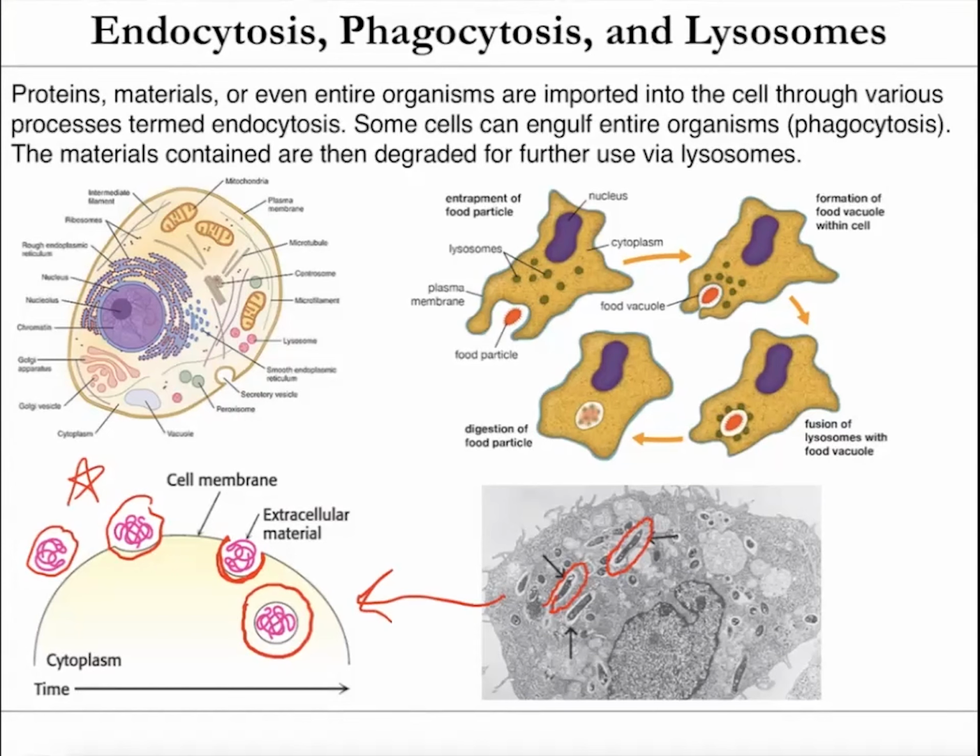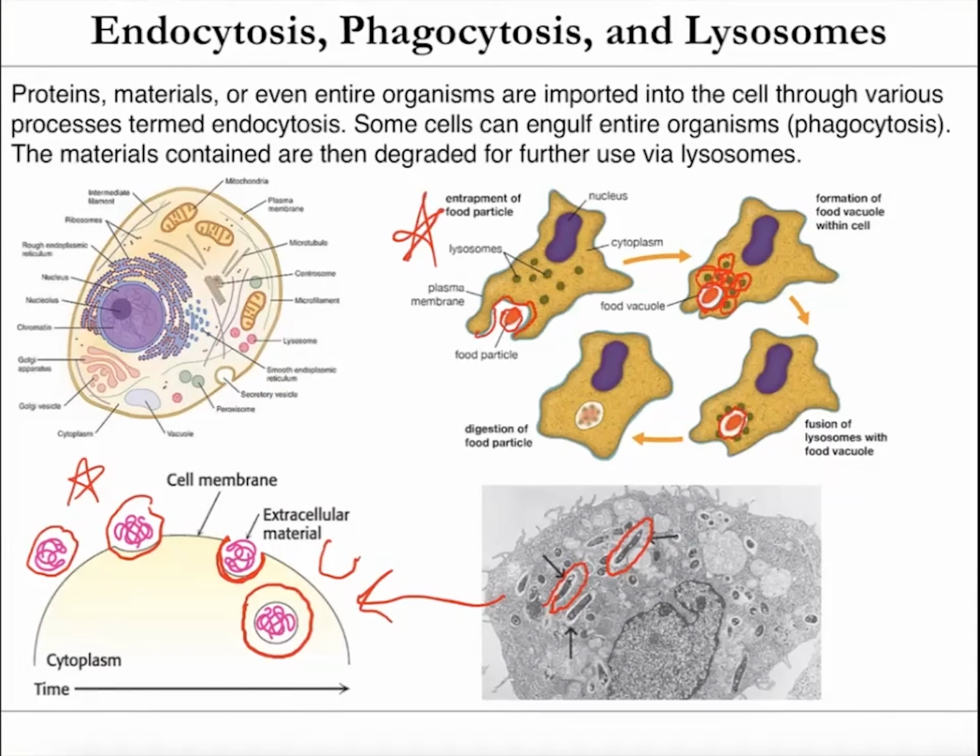Now, how the cell breaks down both these protein components or just parts of the extracellular environment or these entire particles, it basically treats them like food. And so this is outlined in this figure right here. So we have a food particle right here, and the cell is going to start engulfing that, and then it'll form ultimately a vesicle, and it will fuse with these other membrane-bound organelles called lysosomes.